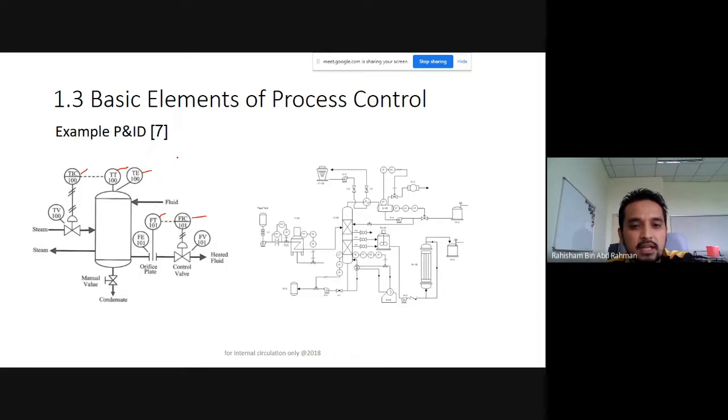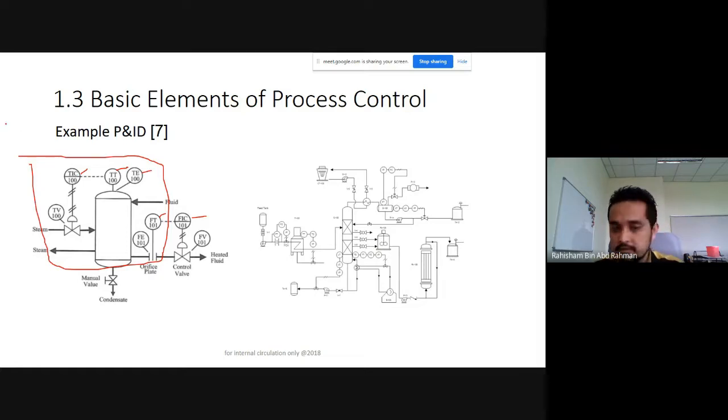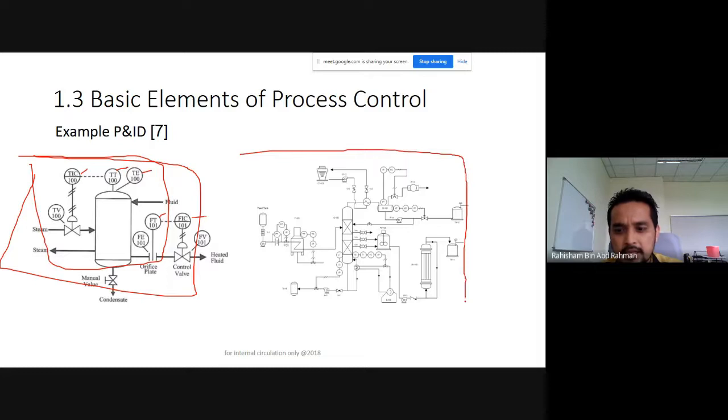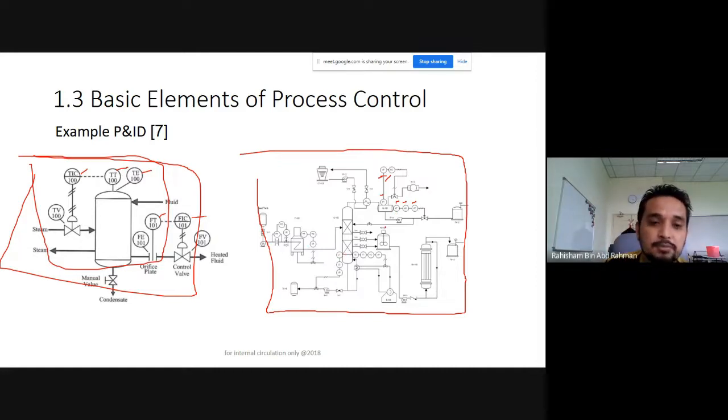Instrumentation and process control engineers should be well versed in all of these symbols. And in a rather bigger control system, you have many systems here, with PC, IP, IT, LC, LT, PT, pressure transducer. We have lots of symbols to represent our instrumentation and process control.